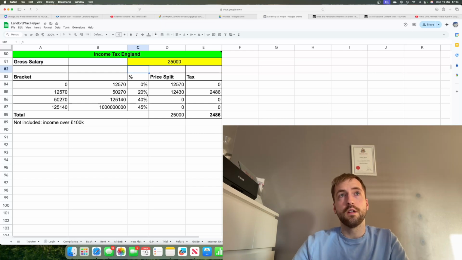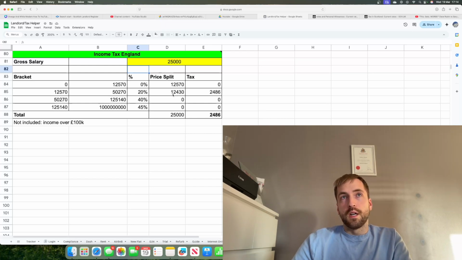So in this case, you're splitting it up. The remainder is £12,430 for obvious reasons. That's in the 20% bracket because the 20% bracket in England goes all the way up to just over 50 grand a year salary. And therefore you pay the 20% tax on this amount, just 2,486, and that's your overall tax bill for the year.